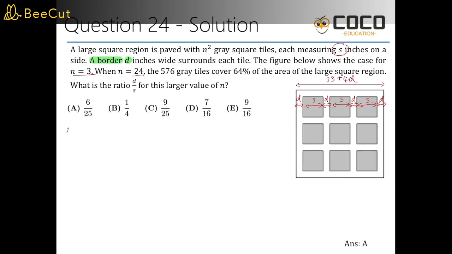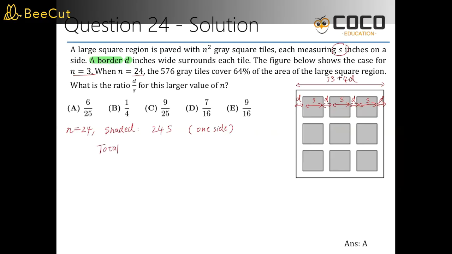When n is 24, for this shaded region, it will no longer be 3s, it becomes 24s. So this is for one side. When you combine them together, it becomes a large shaded square.